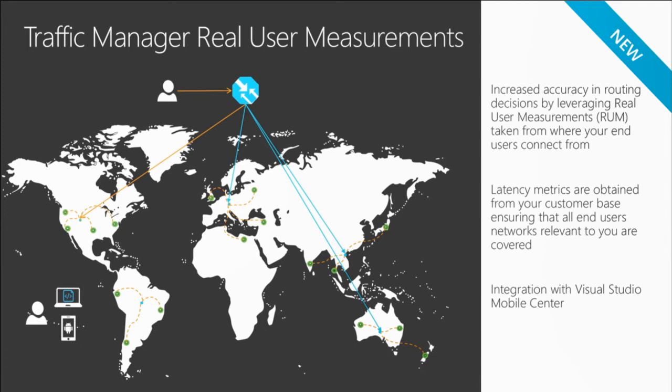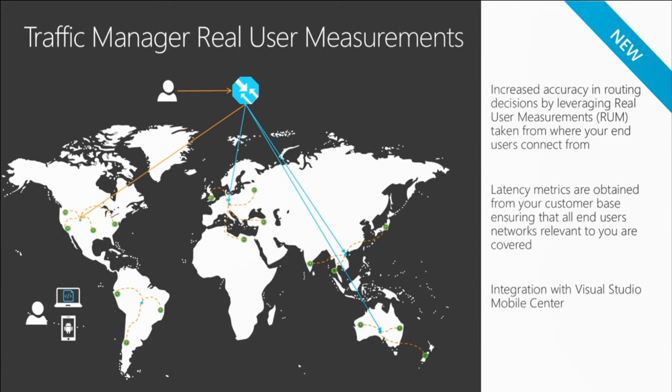And also, this ensures that if there are specific end user networks where your users or devices are placed, maybe some of these new upcoming IoT networks, you can use this feature to provide network latency information to Azure so that the devices and users from those regions will be routed more accurately.